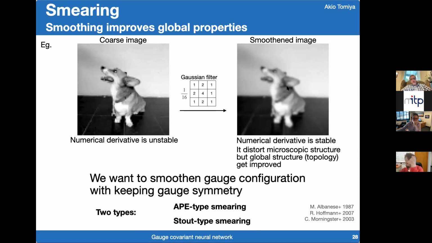And we want to have a smooth gauge configuration while keeping gauge symmetry. Of course, we know that we have two choices. One is called APE smearing, and the other is so-called stout smearing.